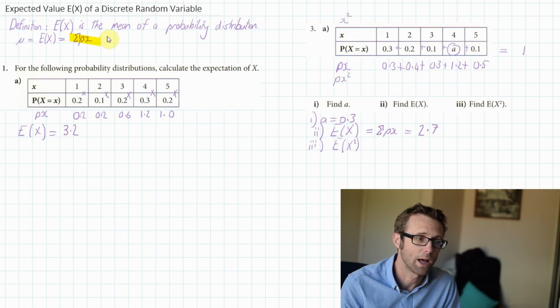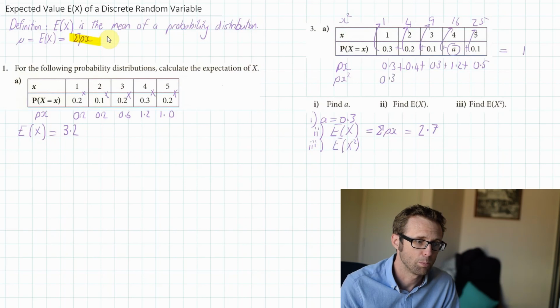So 1 squared is 1, 2 squared is 4, 3 squared is 9, 4 squared is 16, 5 squared is 25. And then I can do my px squared. So I'm going to multiply this row by this row, like that.